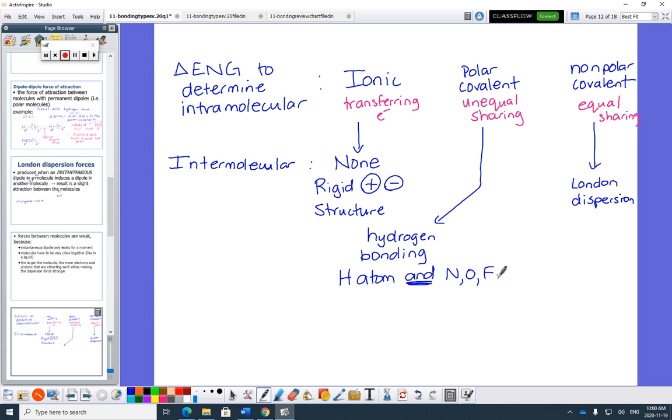Hydrogen bonding has to have H and N, O, or F, nitrogen, oxygen, fluorine. If this doesn't work out, then it's dipole-dipole.